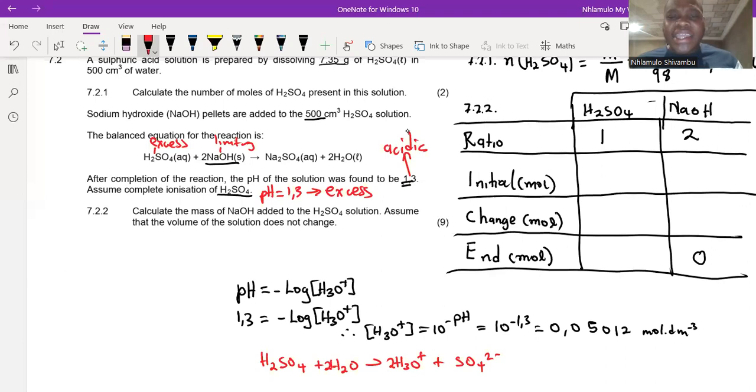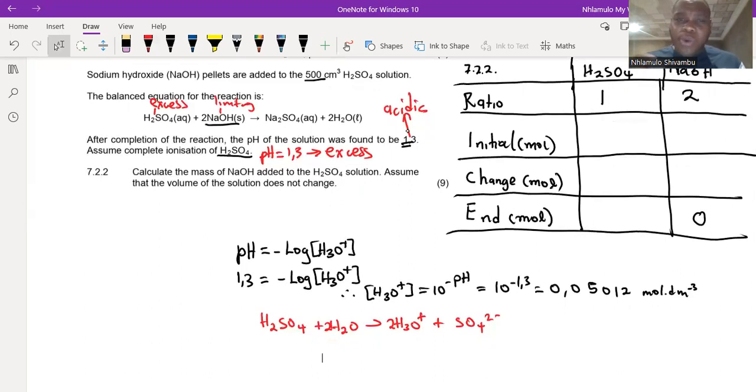This reaction takes place in the background because sulfuric acid will react with water and ionize. This is the reaction that allows us to relate sulfuric acid and hydronium. You cannot relate sulfuric acid and hydronium without this equation.